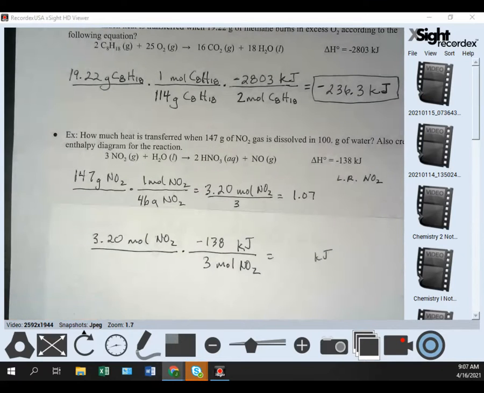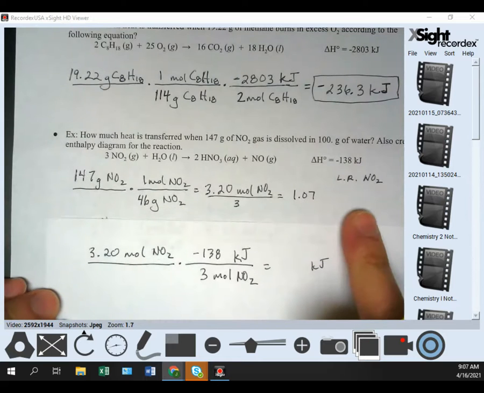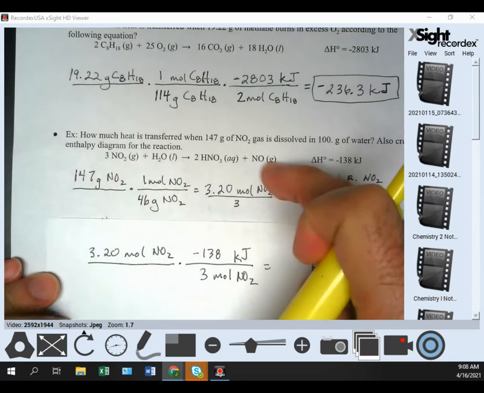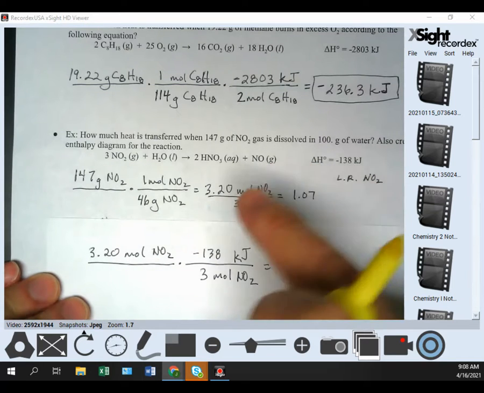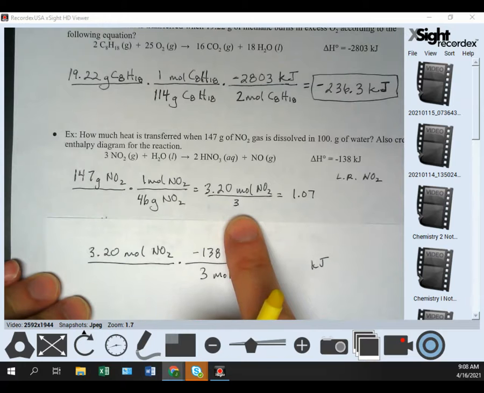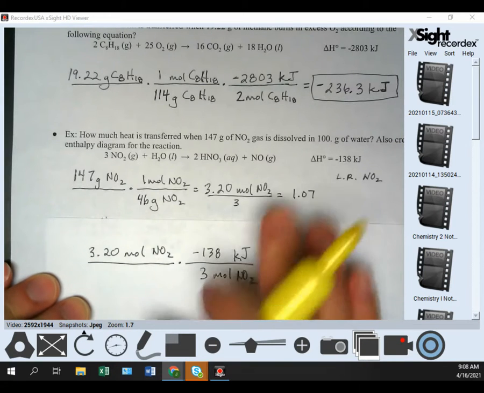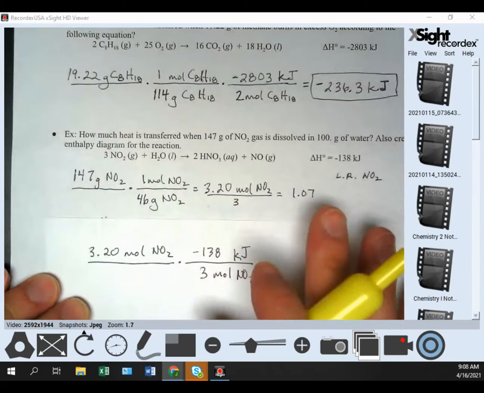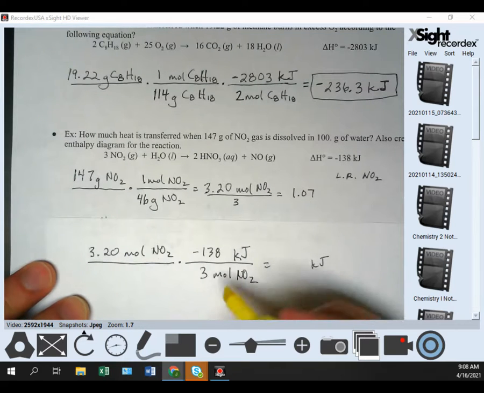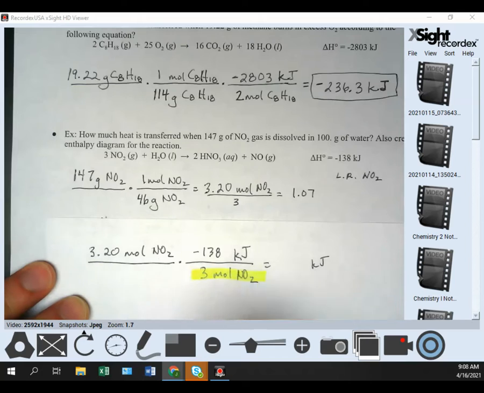Yeah, okay. So if we look at what we have here, we had the moles of NO2, and then we divided by what? Which was the coefficient. So if we look at this, we have already done this part of the step.